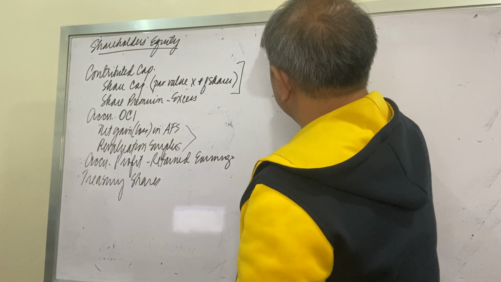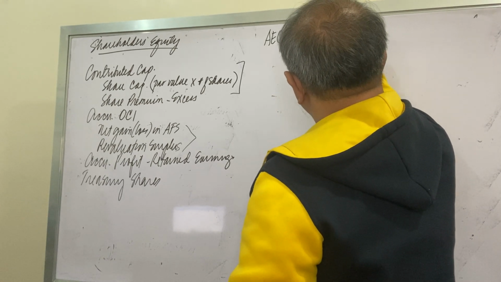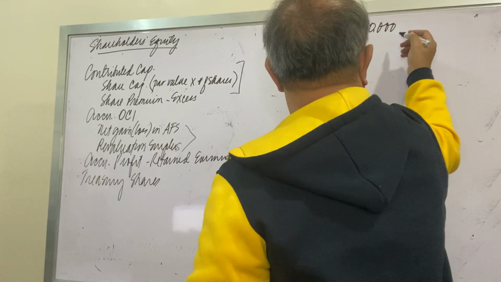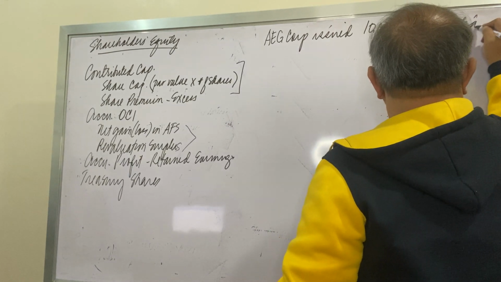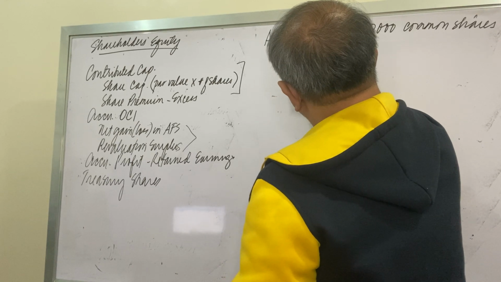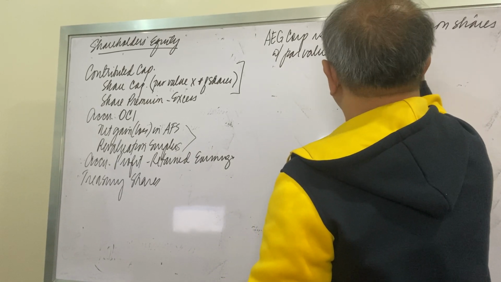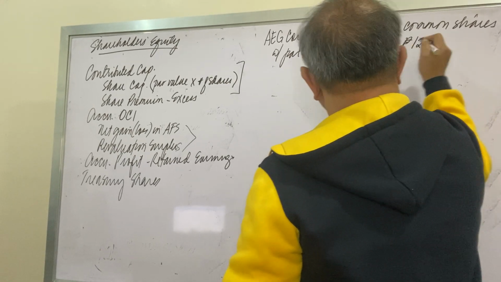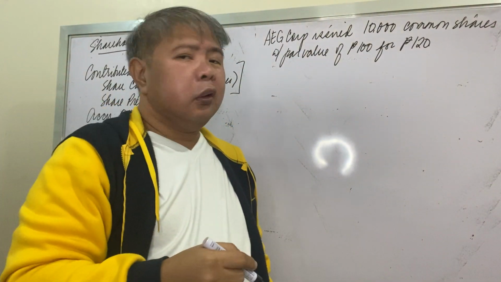Let's have an example. The first example is when the common shares of stock are issued for cash consideration.